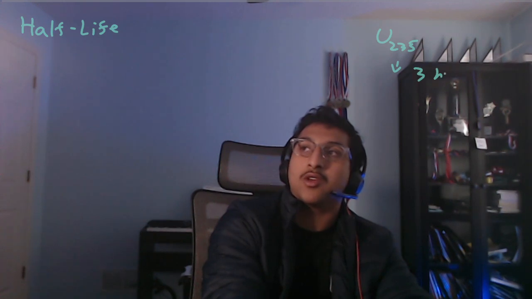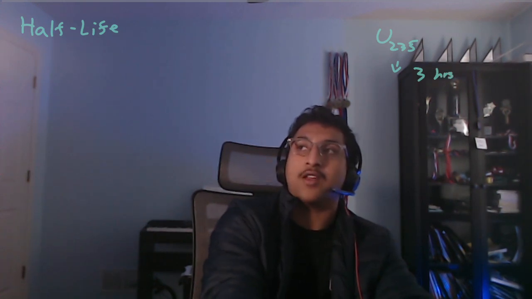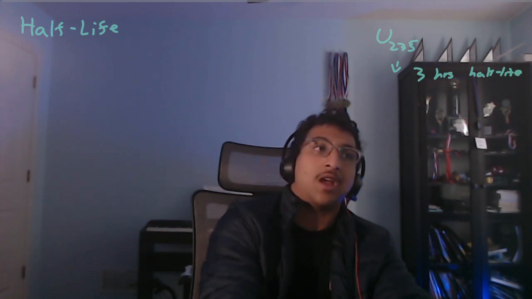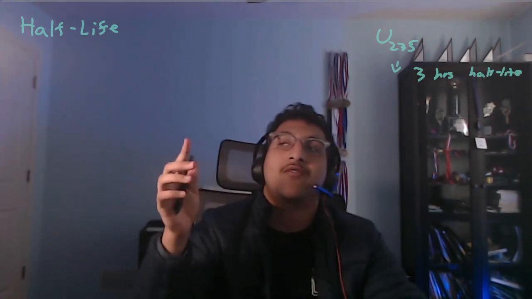So the next part of this lesson is half-life. You probably have done this in your pre-calculus course or even algebra 2, when you have a radioactive element like uranium-235, and it tells you it takes 3 hours for its half-life. That basically says that after 3 hours there'll only be half as much uranium.